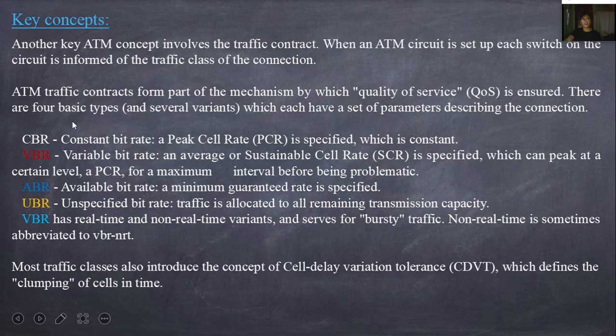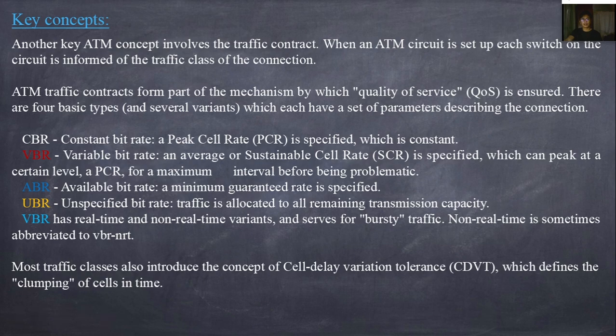ATM traffic contracts form part of the mechanism by which quality of service, or QoS, is ensured. There are four basic types and several variants, which each have a set of parameters describing the connection. CBR, or constant bit rate: a peak cell rate, or PCR, is specified, which is constant.